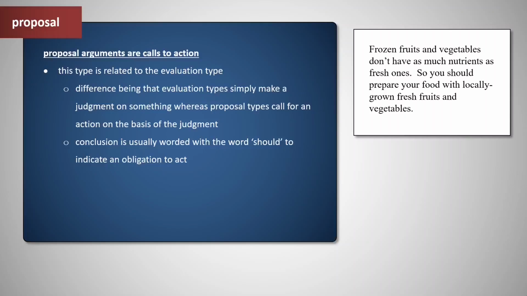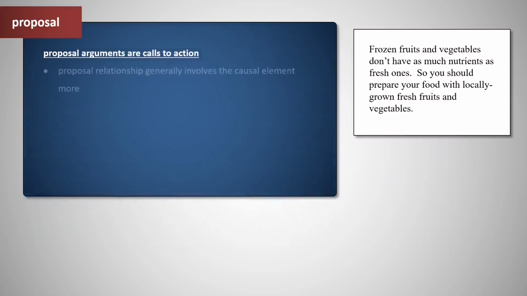It's telling you that you have some sort of obligation. And likewise, you want to pay attention to the positive and negative consequences in the premises, because that's how the argument is built. It presents a situation that produces some sort of positive or negative consequence, and then there is the proposal or call to action on the basis of that.